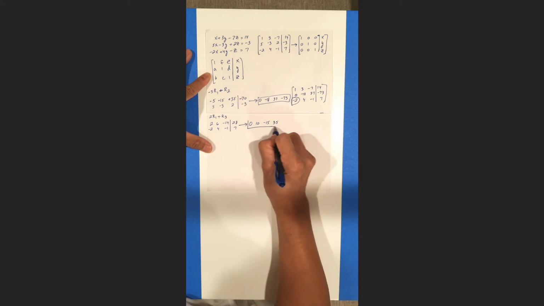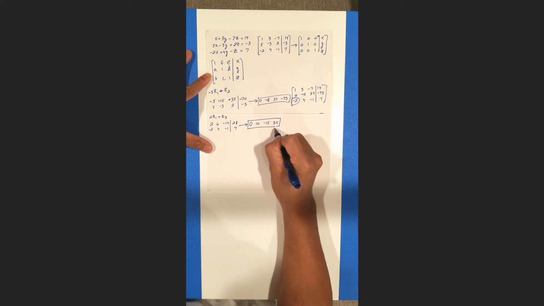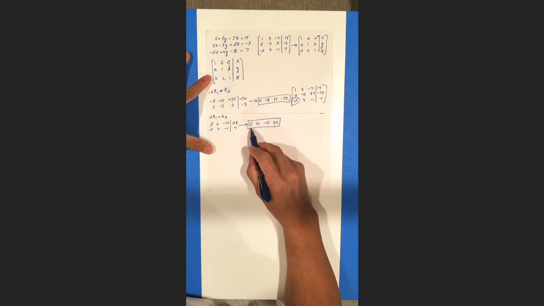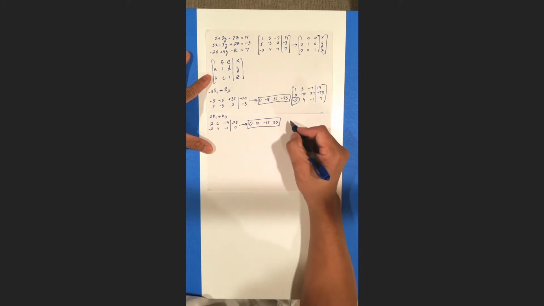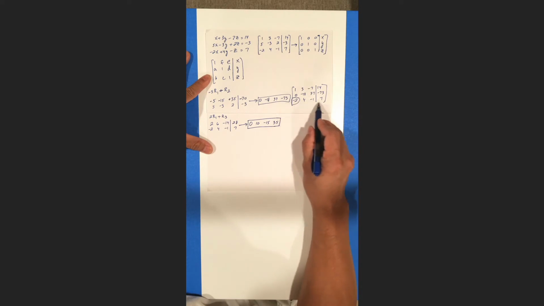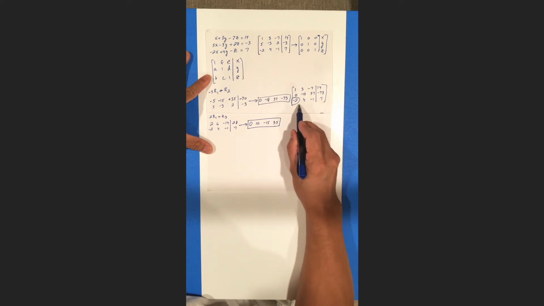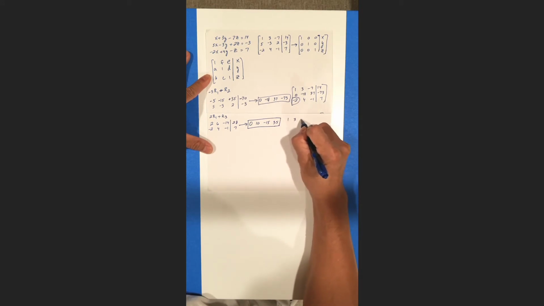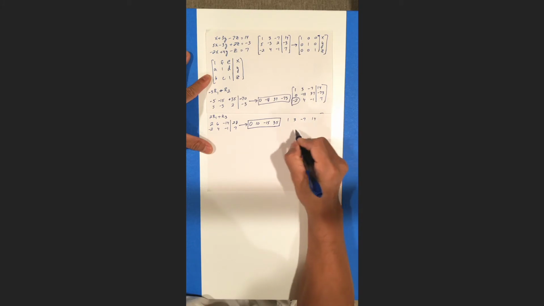Okay, so this is my brand new equation that I created. Now, the benefit of this brand new equation is that the first number is going to be a 0. So now I'm going to replace the last row with this new one I got. So my new matrix will be 1, 3, negative 7, and 14.